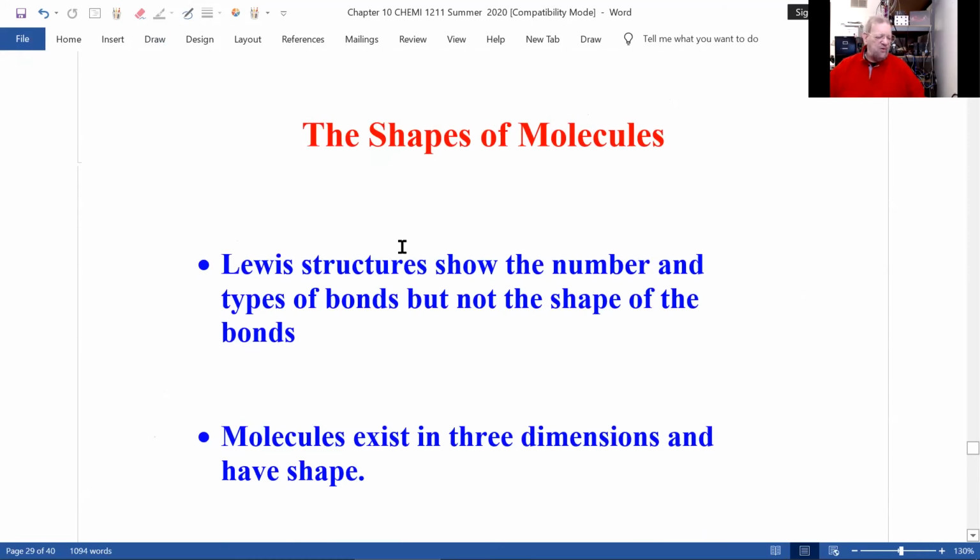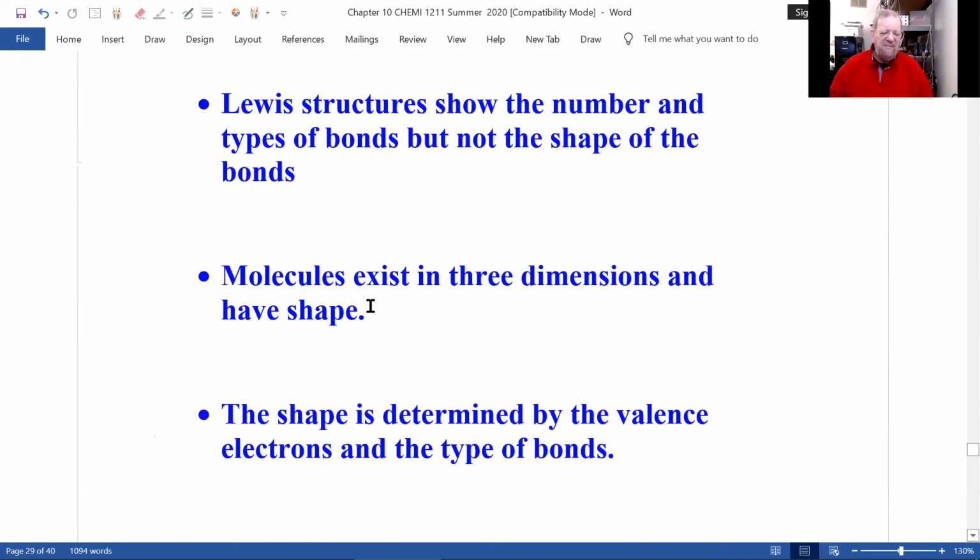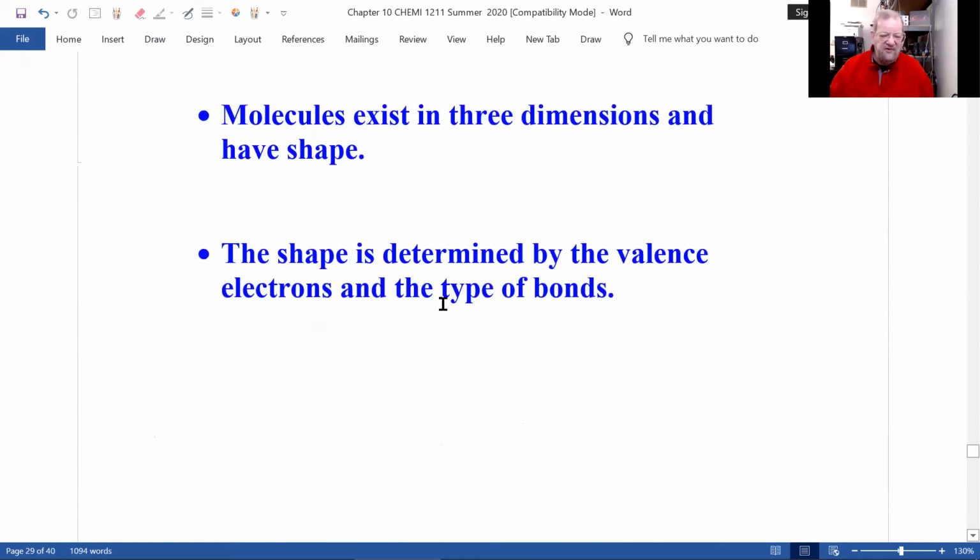Now, I'll just talk briefly about shapes of molecules. Molecules are not all flat. They have different shapes. And the Lewis structures show the number of bonds and types, but not the shape. Molecules exist in 3 dimensions and have shape. And the shape is determined by the valence electrons and the type of bonds.